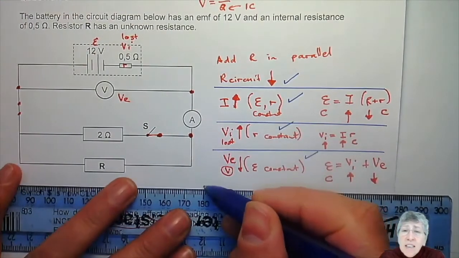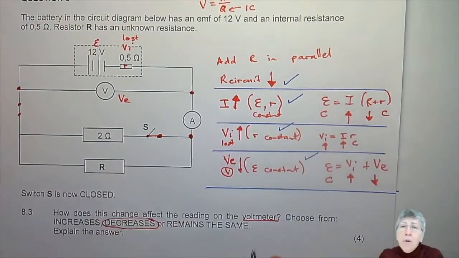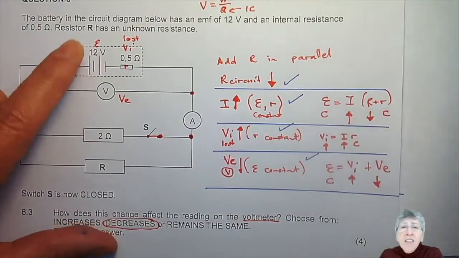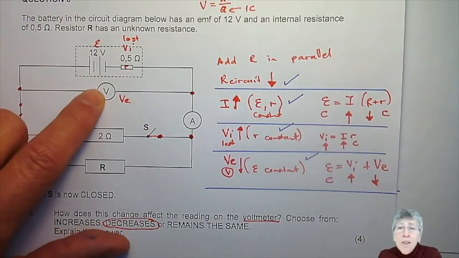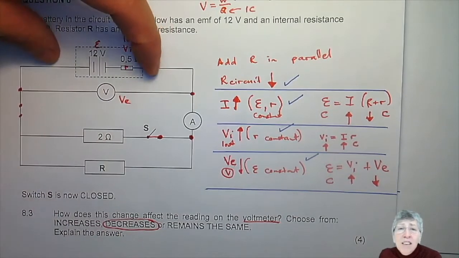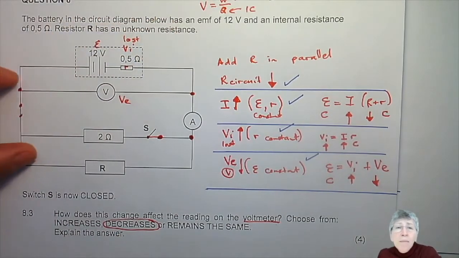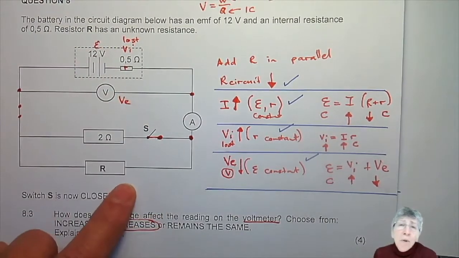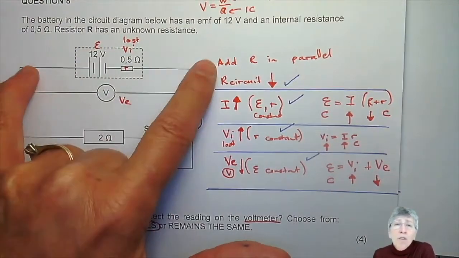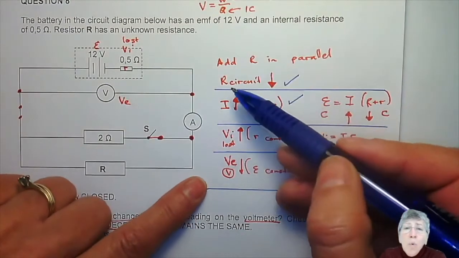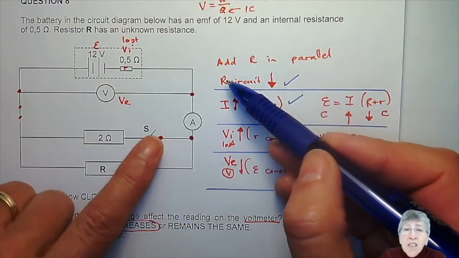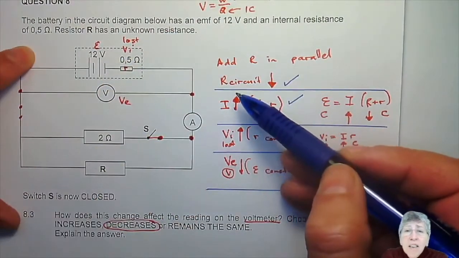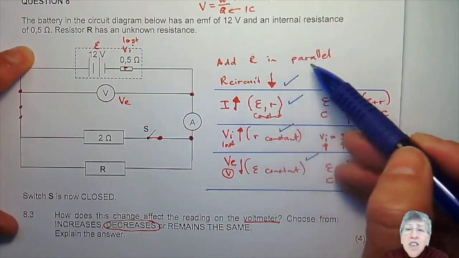So guys, this is a very standard type of question. They change something and they're asking you what's happening to the voltage over the cell. Right. Now just be careful. Sometimes they put that voltmeter somewhere else. But for the standard type of question where they ask you what's happening to that voltmeter over the cell, you will always refer to the resistance of the outside circuit and see how that is changing.